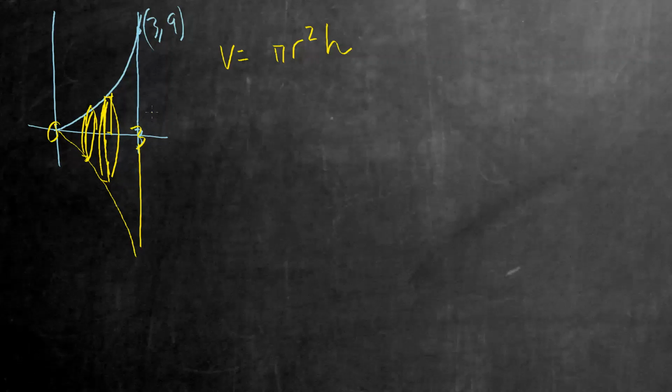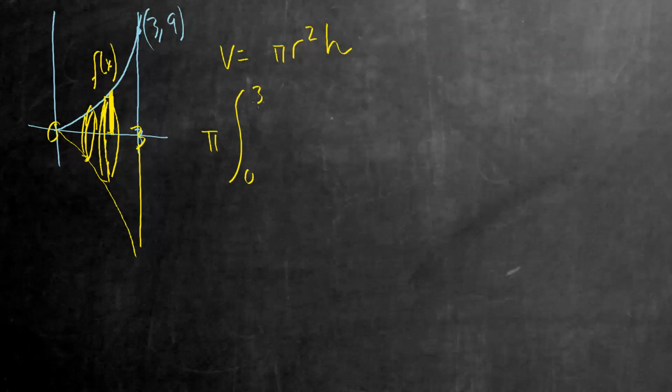To find the area, everyone would know we'd go from 0 to 3 of f of x. F of x represents the height of our rectangle. So now f of x represents the radius of our disk. So the integral from 0 to 3. And again, for some reason, I was always taught to put the pi out here.